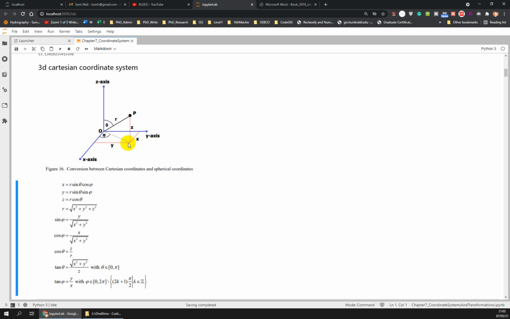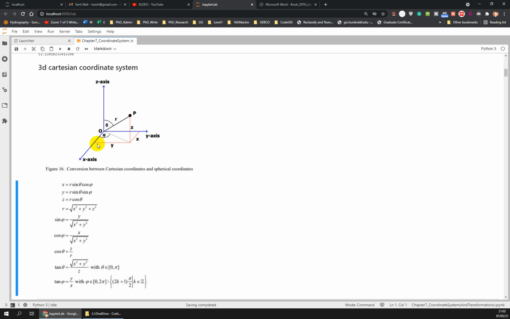Then we have this distance from O to this point here, probably B prime. Then we project this distance onto our x-axis. So if we already have this distance, it becomes a 2D Cartesian coordinate system. That's why x is equal to r sine theta cosine phi.